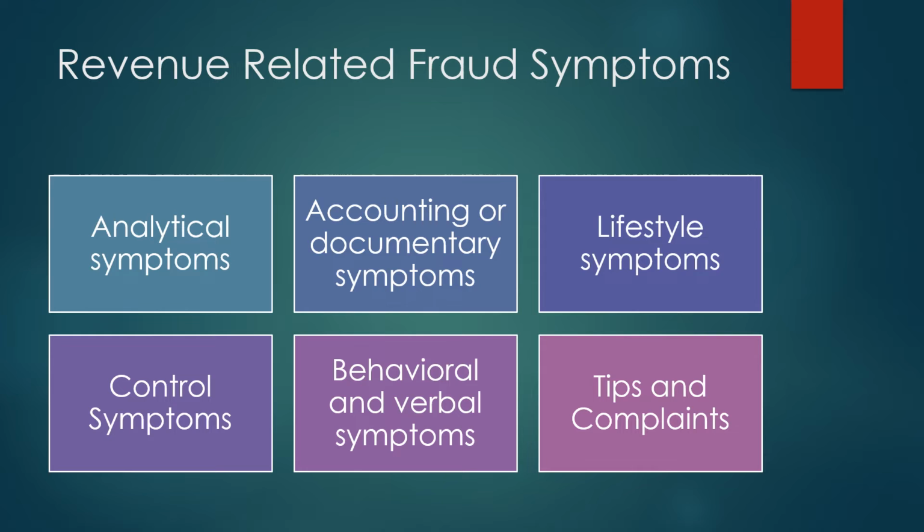Lifestyle symptoms are more often detected in management fraud in smaller companies, as large organizations compensate their management very well. So the management usually benefits indirectly through a higher stock price. Control symptoms: when management is overriding key controls like segregation of duties, or new unusual large customers.